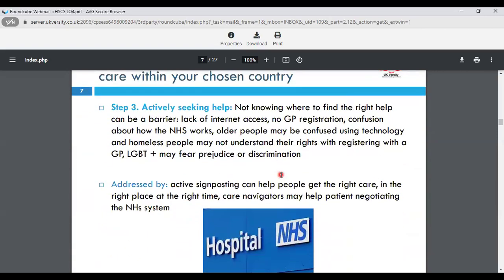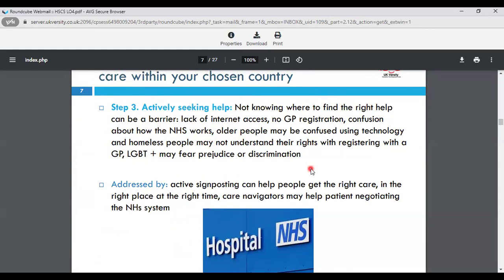And then the third step is actively seeking help. Some people don't know where to find the right help, which can be a barrier. There could be lack of internet access, which the videos talked all about. No GP registration, confusion about how the NHS works, which some people have when they're new to the place. There may be older people who may be confused using technology, already vulnerable, who might be going through dementia.